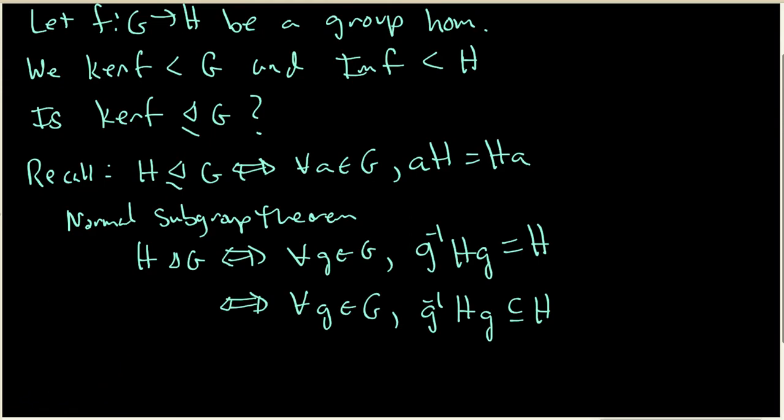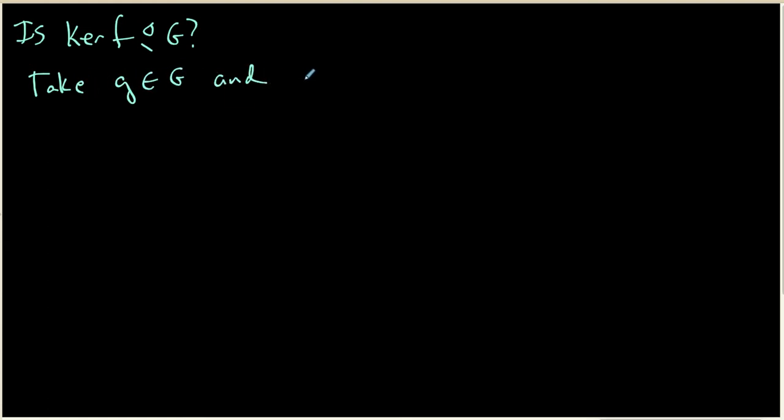So let's now look at the kernel. Is the kernel normal inside G? In order to look at this, I want to take an arbitrary element g in G and look at the conjugate subgroup g inverse times the kernel of f times g.